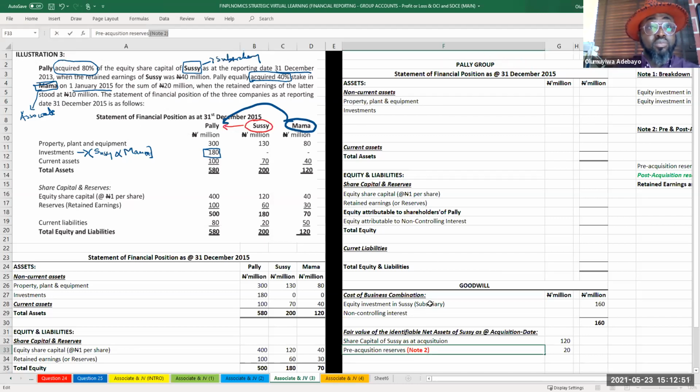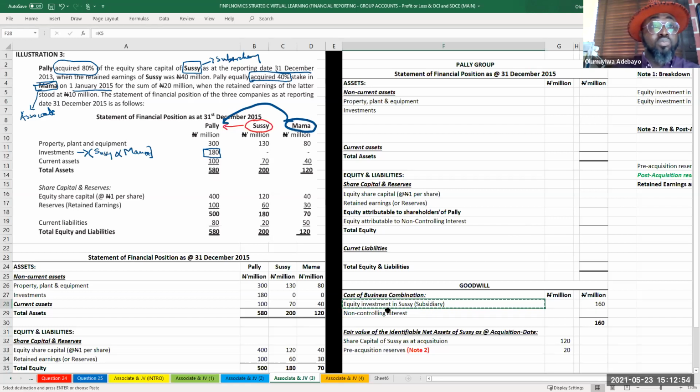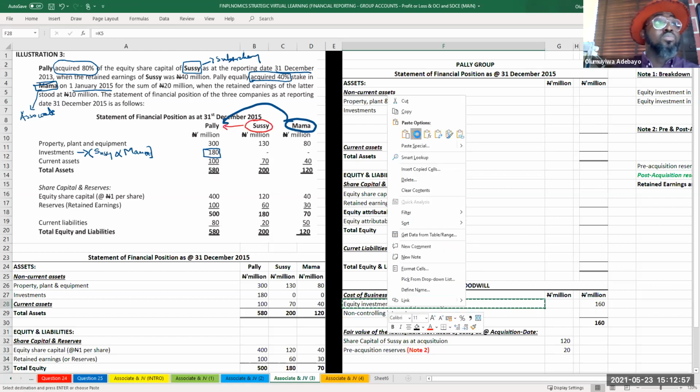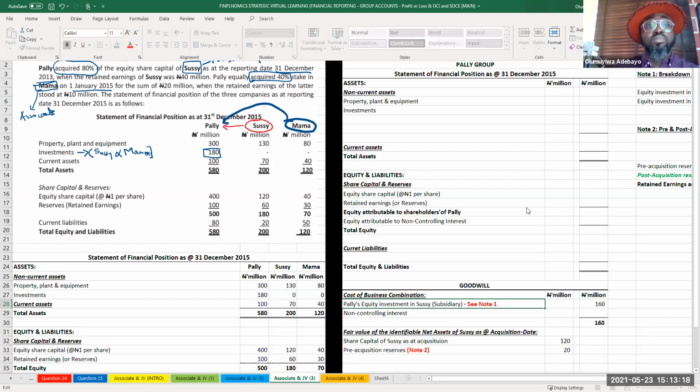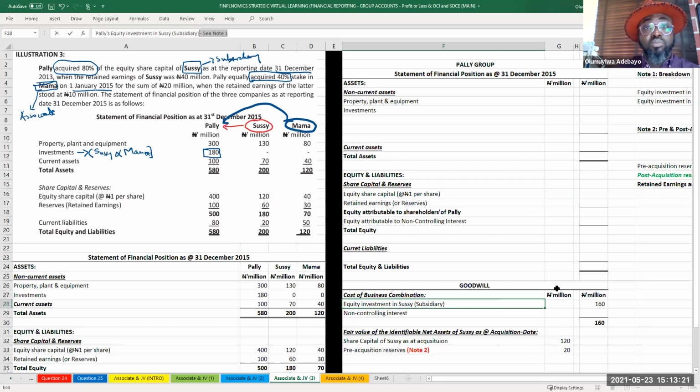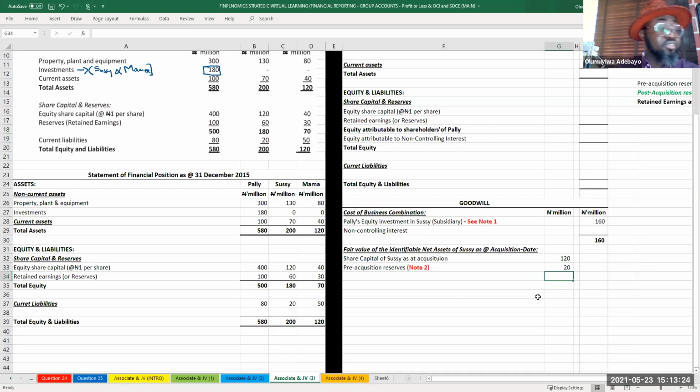And this is not 1. Okay. Now, no fair value adjustment because the question only tends to test our understanding of associates.